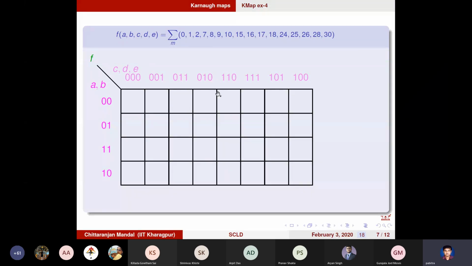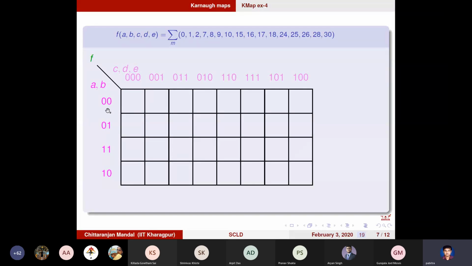So forget about the right half of these cells, just look at this part of 16 cells, and you forget the E variable. You see, there is a kind of symmetry. If you look at any two adjacent cells, they just differ by one variable. So this is fine. I think you know that.